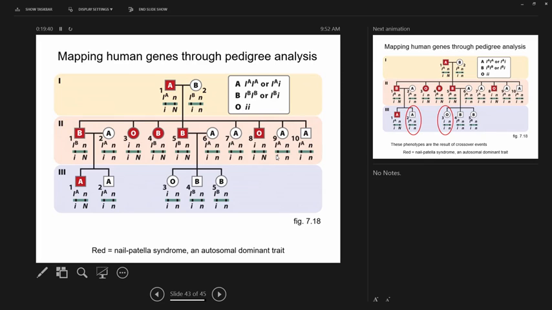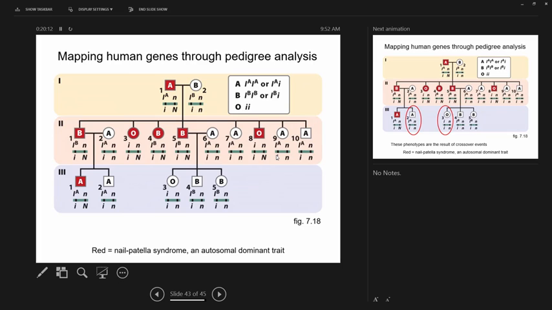Because all the stuff that I talked about way back in chapter 3 that makes a good model organism, like short generation time, no. Large number of progeny, no. Easy to culture under standard conditions, in big numbers, no. None of that stuff. We're terrible. So what happens is we have to look at pedigrees and make inferences from them.